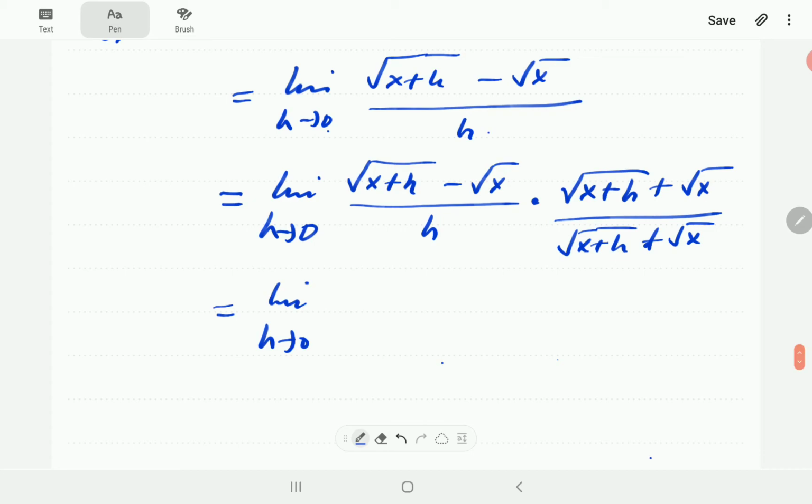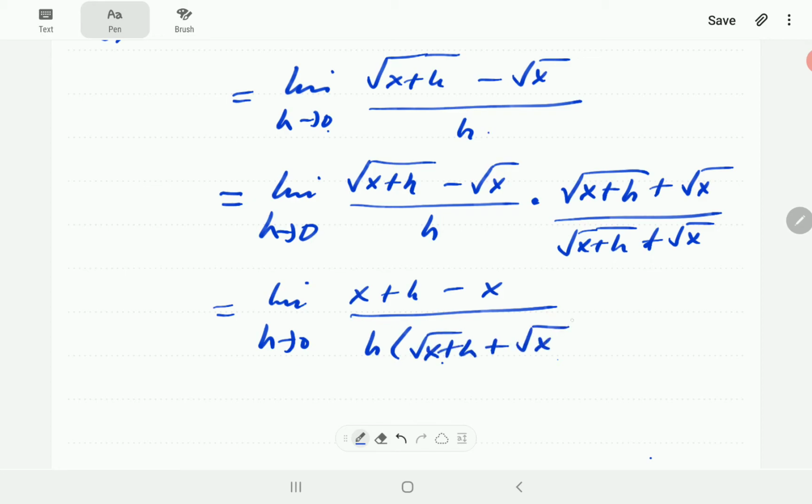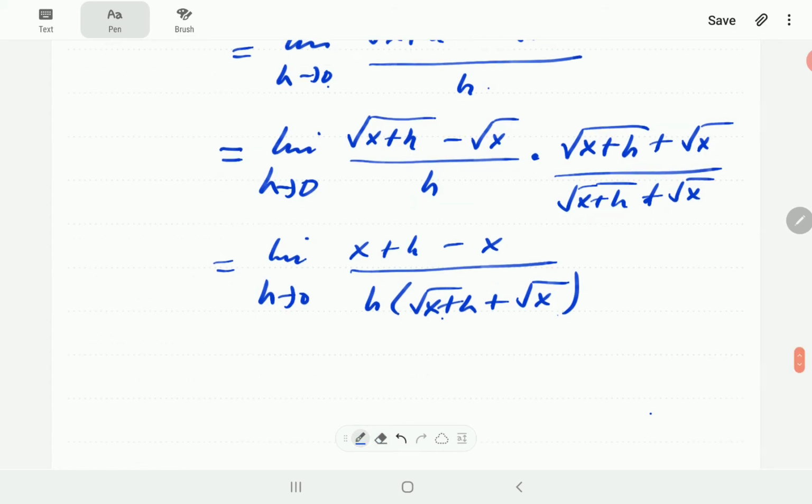In the numerator, because we have a difference of two squares, this is going to be x plus h minus x. Basically, you're just going to get this squared minus this squared. That's what the difference of two squares does. In the denominator, we're just going to end up with h times that.